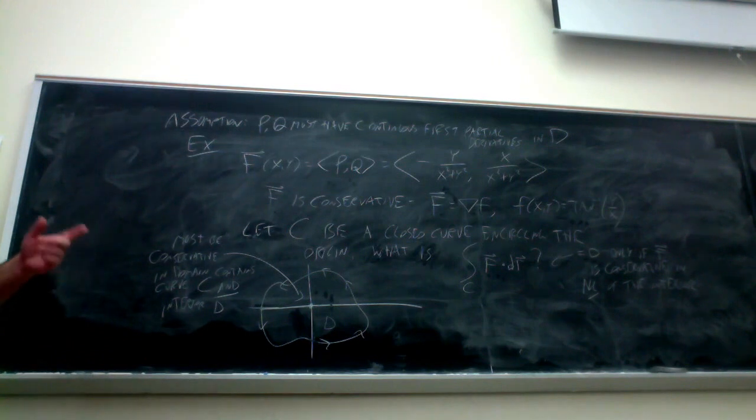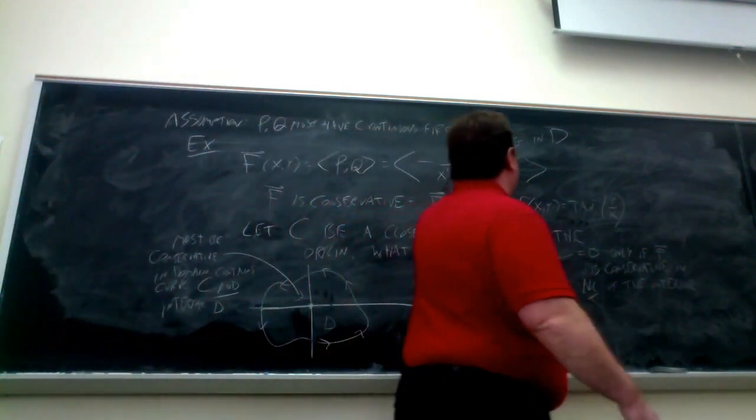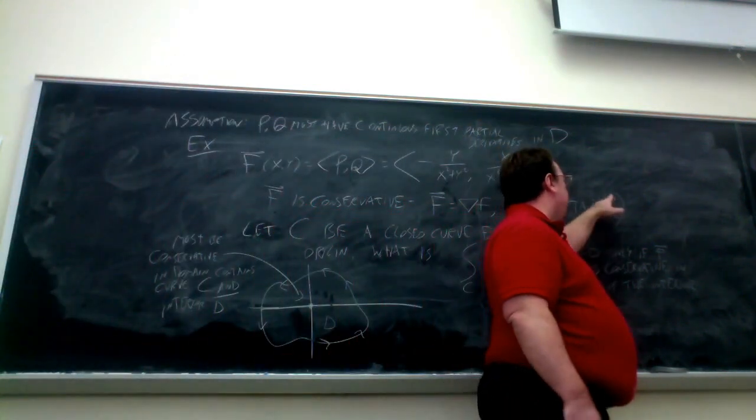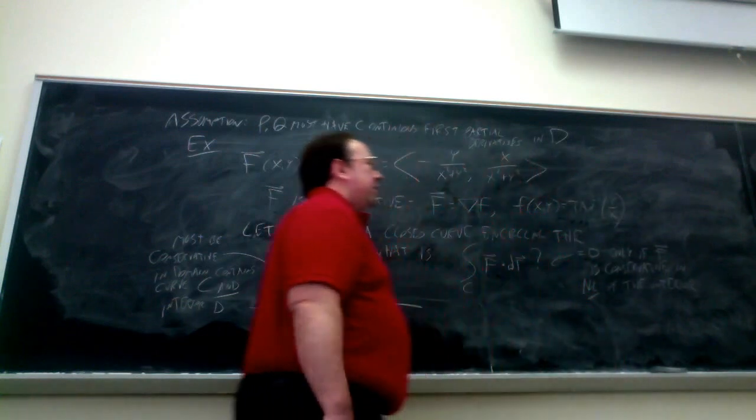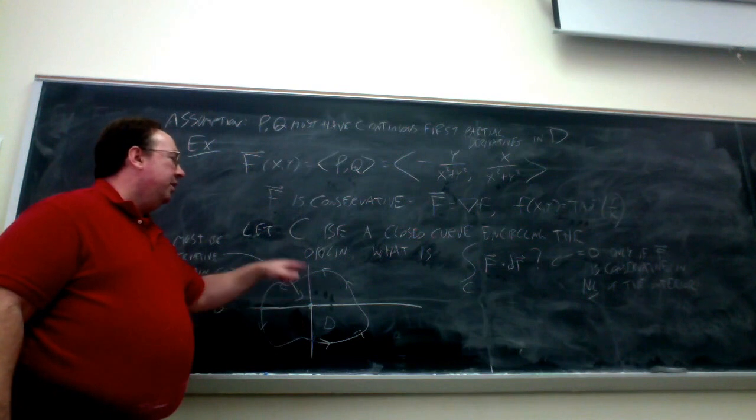Where does this vector field fail to actually be conservative? Where are the relevant functions undefined? At the origin. If x and y are both 0, this is going to be undefined. It's an indeterminate form.